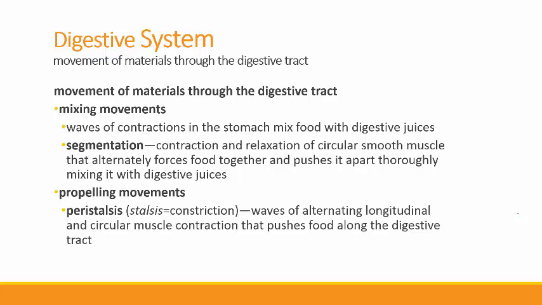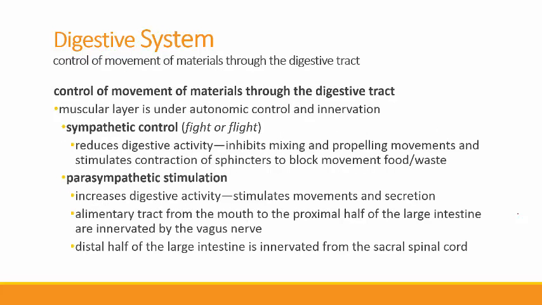Okay, so propelling movements are peristalsis, and mixing movements are the sloshing of food back and forth in the closed container of the stomach, and the segmentation behavior of the intestines.